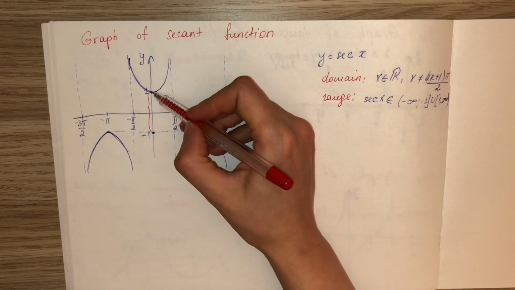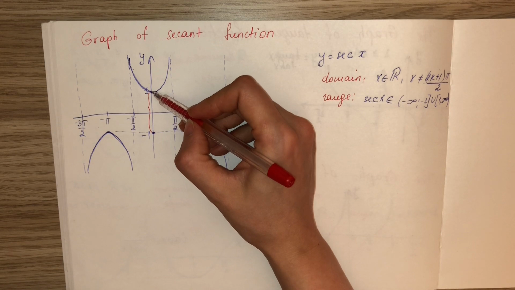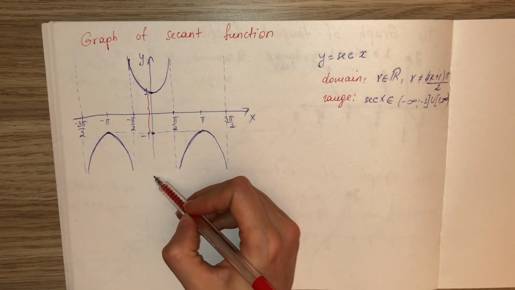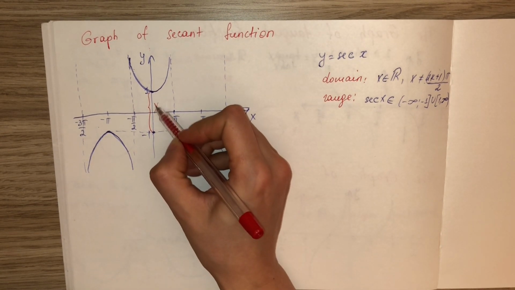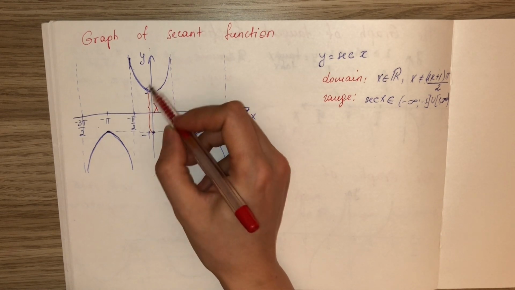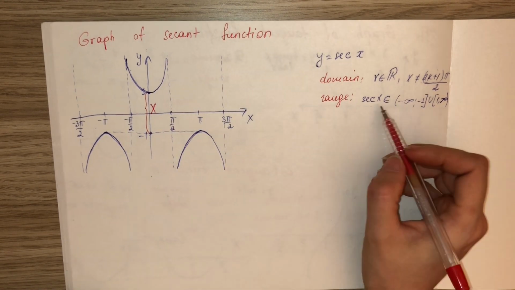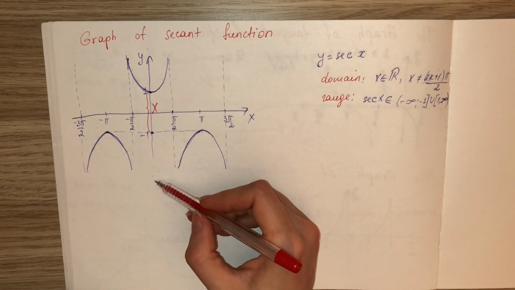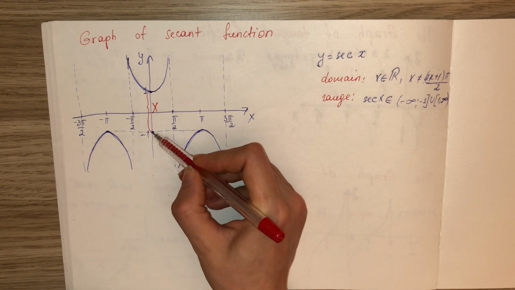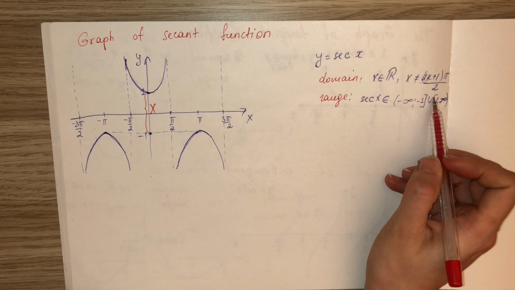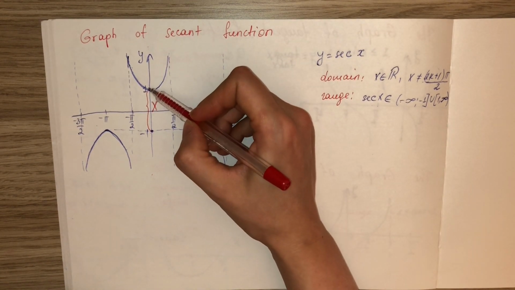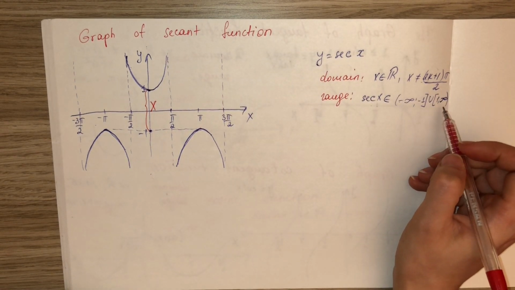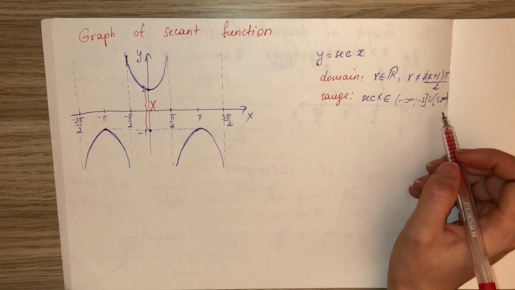The range can only get 1 to positive infinity and -1 to negative infinity. This part cannot be from the range of secant x. So the range is from negative infinity to -1, union 1 to positive infinity. This is the domain and range of the secant function.